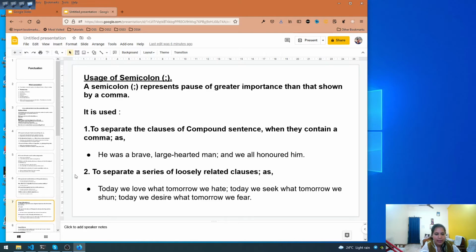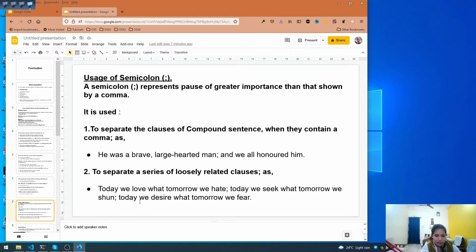The second usage of semicolon is to separate a series of loosely related clauses, where the clauses are not that much related to each other. At that point also we can use a semicolon. Today we love what tomorrow we hate; today we seek what tomorrow we shun; today we desire what tomorrow we fear.